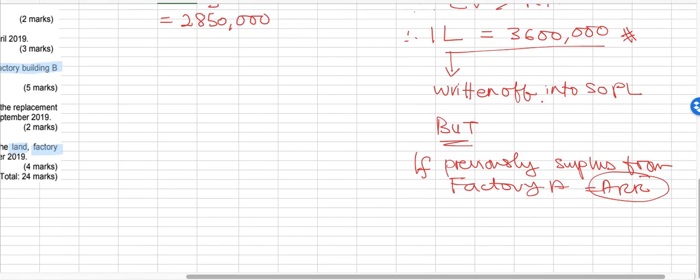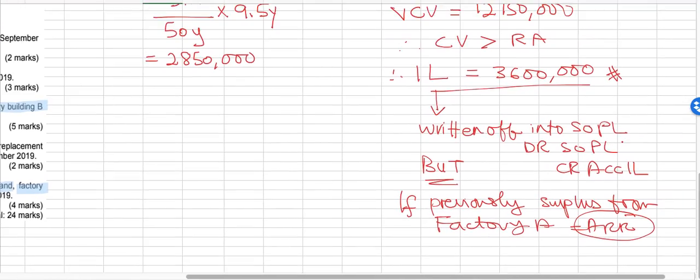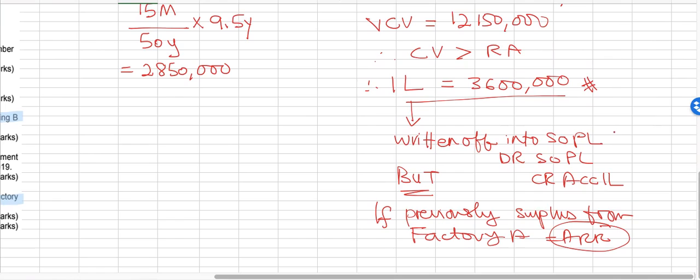So the normal treatment, the journal entry, is debit SOPL, credit accumulated impairment loss. So the treatment is similar to accumulated depreciation. If depreciation, you debit depreciation and you credit accumulated depreciation. But this is impairment loss, so you will debit impairment loss. So straightforward, we debit SOPL and we credit accumulated impairment loss.